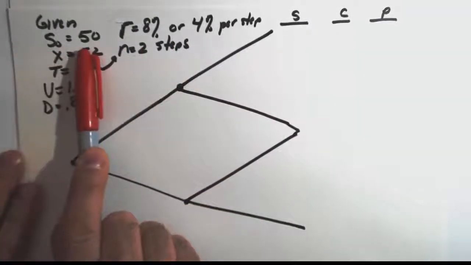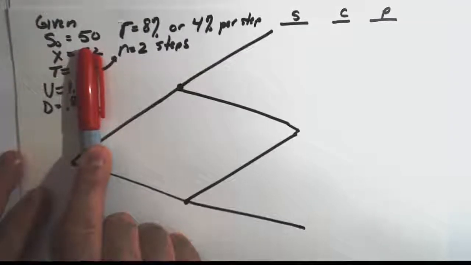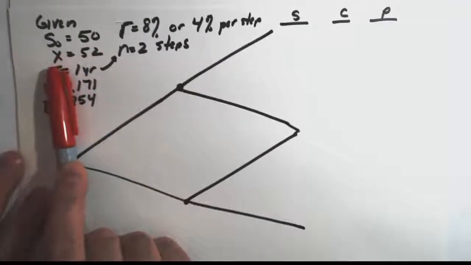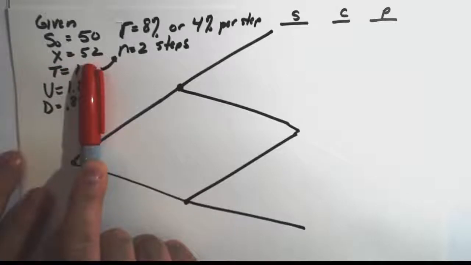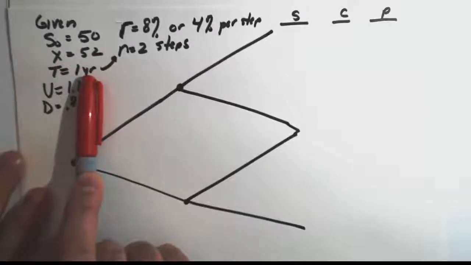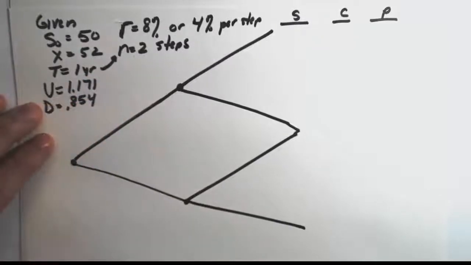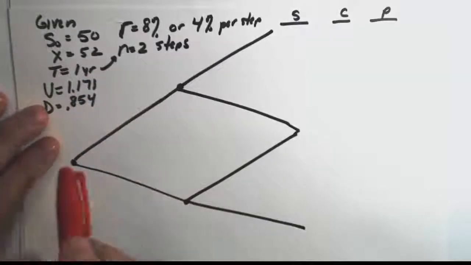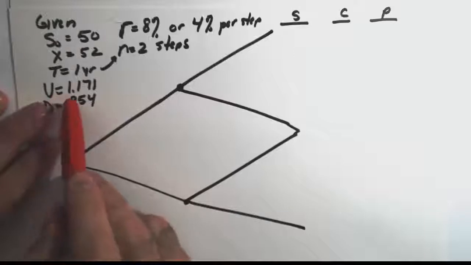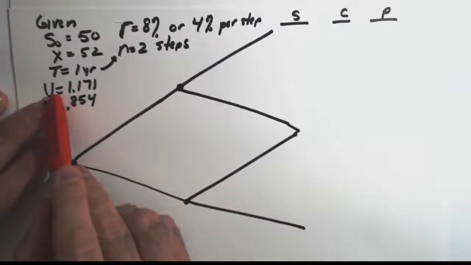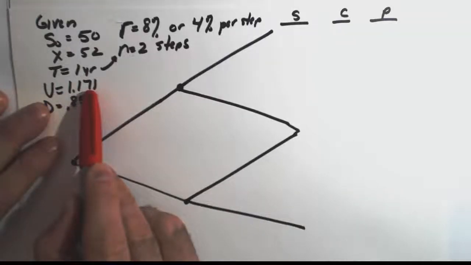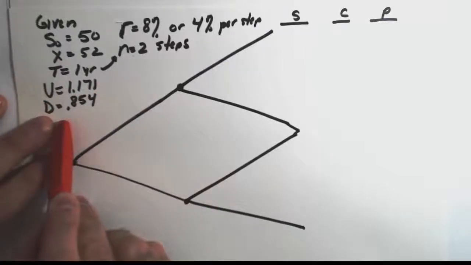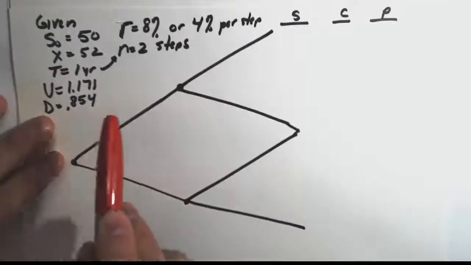We observe a stock price, say on the New York Stock Exchange, of $50. There's an option out there with a strike of 52. T is 1 year. Now here are things you haven't seen before. We're going to look at U, how much the stock can go up in a particular step, and how much it can go down in a step.